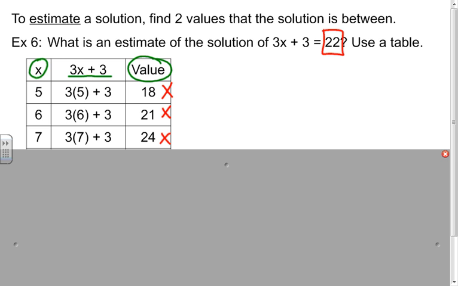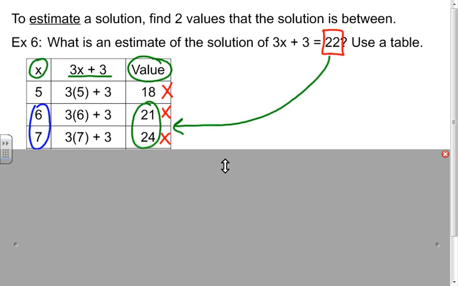My value, 22, it comes in between these two, right? 22 comes in between 21 and 24. Since this comes in between those two values, it means that my answer for x comes in between these two values, 6 and 7.